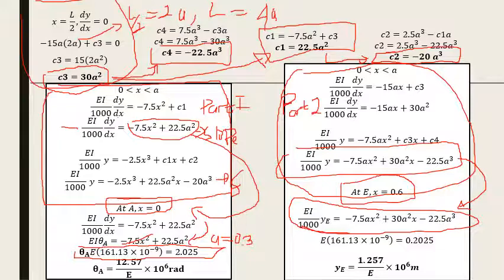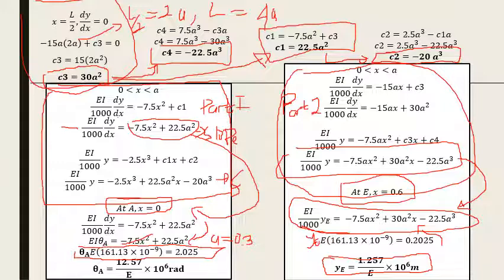This is y E times E times inertia, equal to this value after we substitute a with 0.3 and x with 0.6. We got 0.2025, then I rearrange the terms. What I got is the deflection y equal to 1.257 over 8 times 10 to the power of 6 meter.